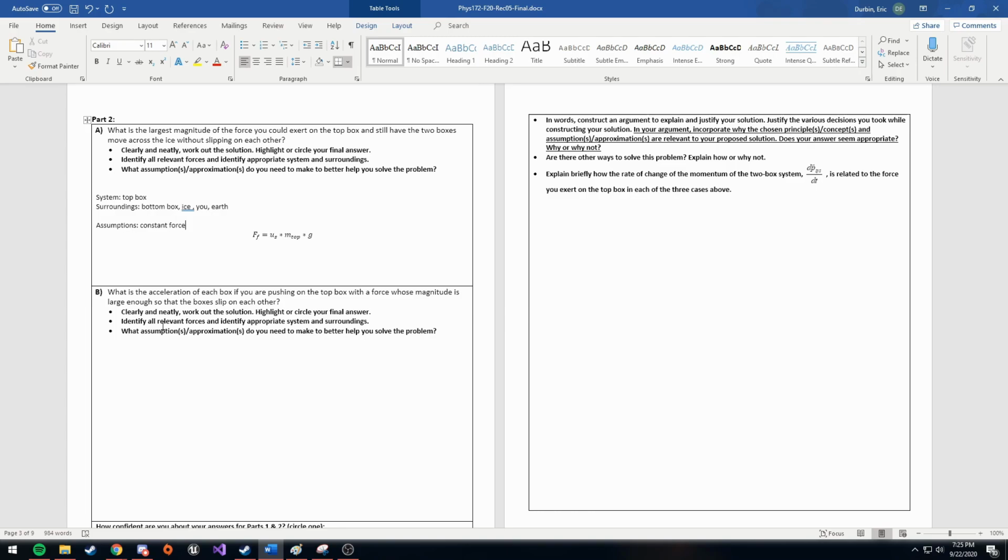I'm being a little contrary here, but whenever I see acceleration and constant force in the same situation, I'm inclined to say 0. Tell me why it's not.